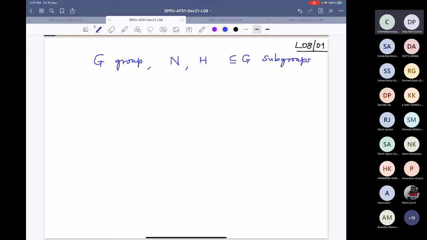And in general, when you take N times H, this is all, take all products. So that is, I want to use the same notation, the set of all products a x, a in H, and x in N.